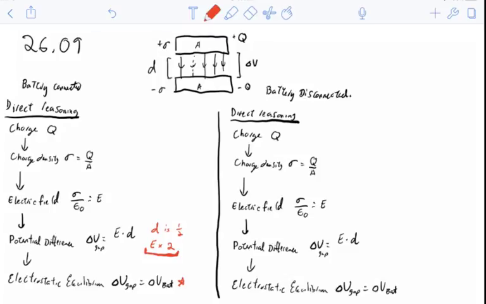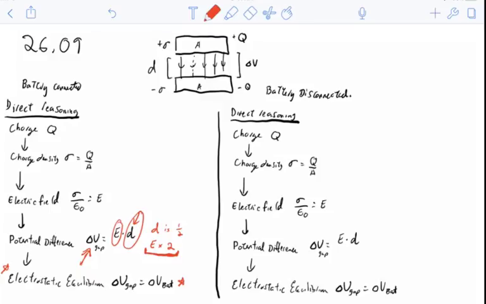Let me reiterate that. The idea here is that we're changing the gap distance. This number, the potential difference, needs to be the same as the battery's, right? Because you're keeping them hooked up together. So this number must be the same. And so as this number changes, this number must change so that when you multiply them together, it's the same.